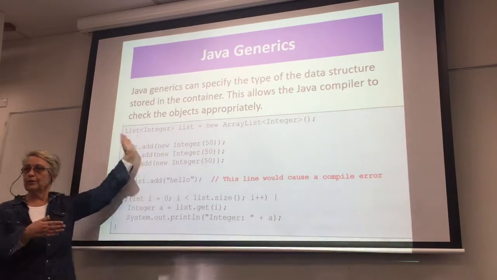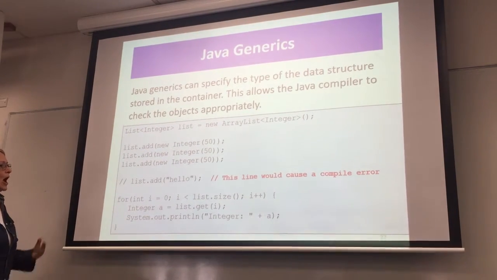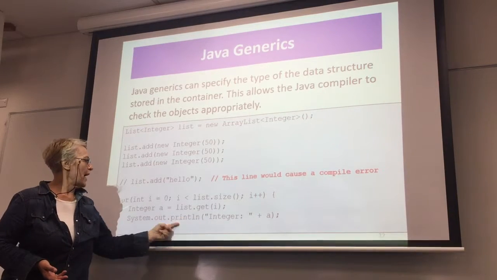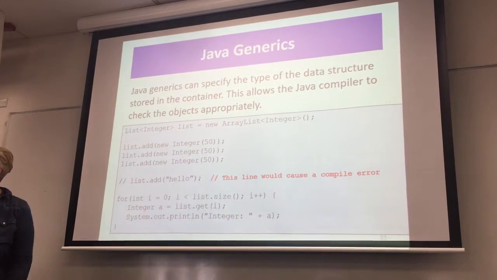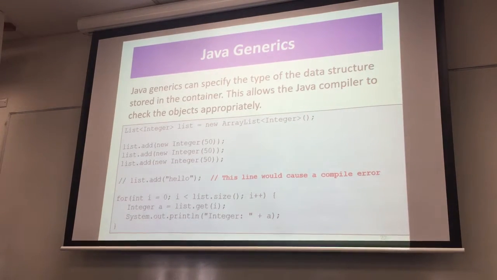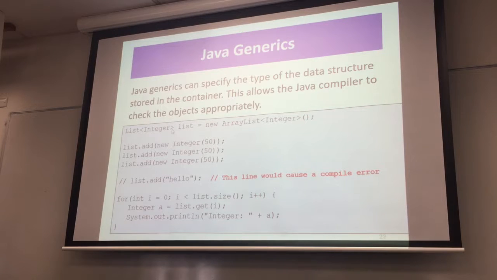So notice the difference. And now I don't have to convert or specify this is an integer. So as soon as I use this syntax, everything is much clearer, easier to use. So you can use list of integer or array list of integer.